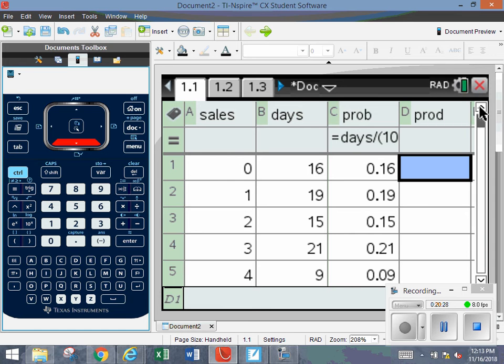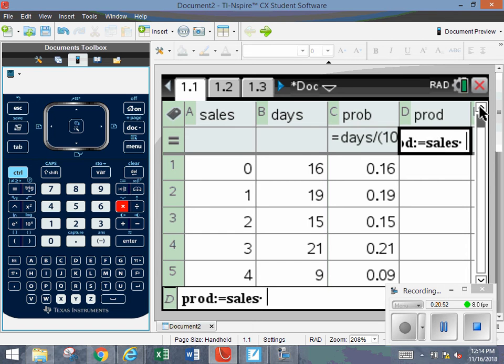So what do I want the product, right? I'm gonna multiply it. So in this column, I'm gonna have x times probability x. So I want sales times probability. So I'm gonna tell it to fill in this whole column with sales times prob.